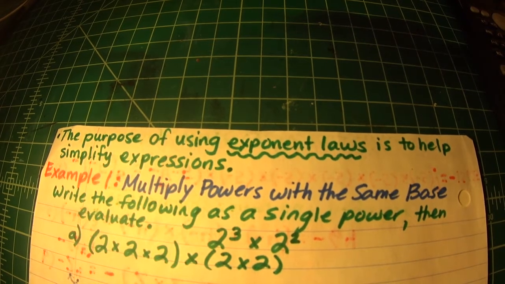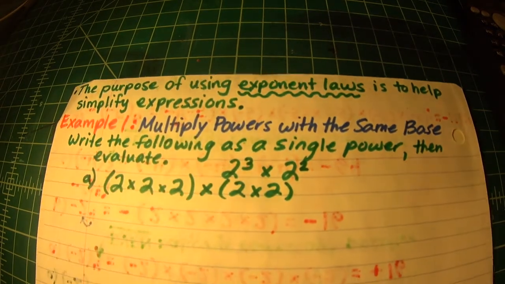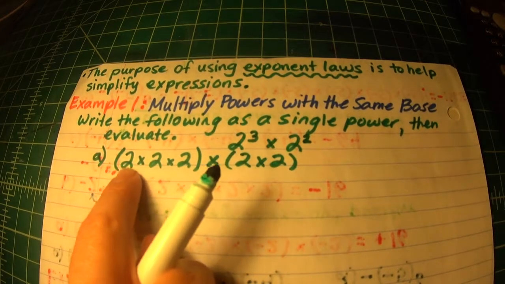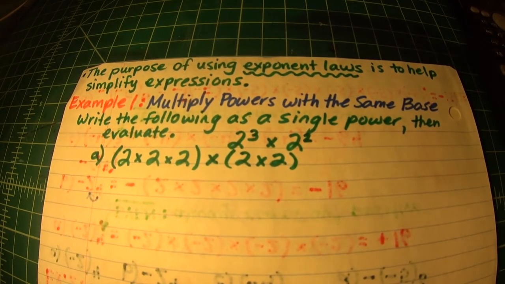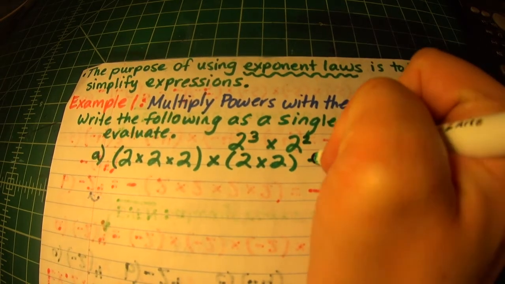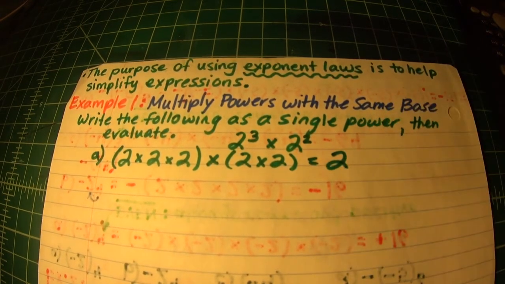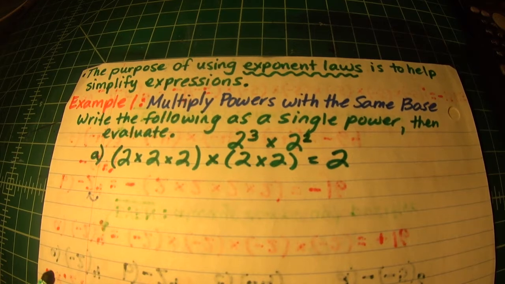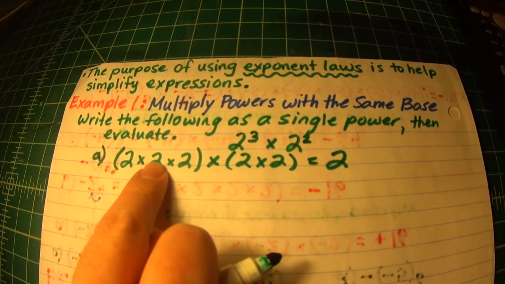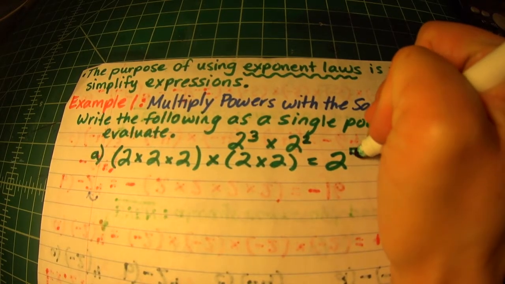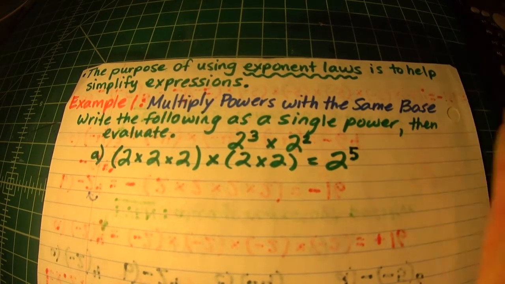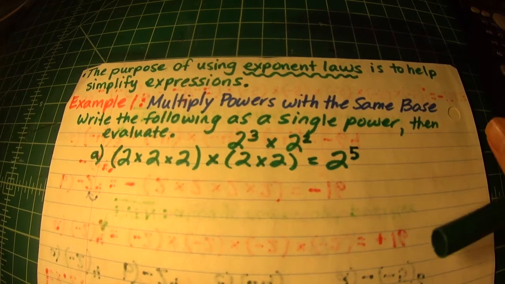So if I'm going to write this as a single power, well, I've got the same number repeated all the way through. So that means that my base is still 2. And then remember, exponent is how many times it's repeated. So 1, 2, 3, 4, 5. So as a single power, it looks like this: 2 exponent 5.